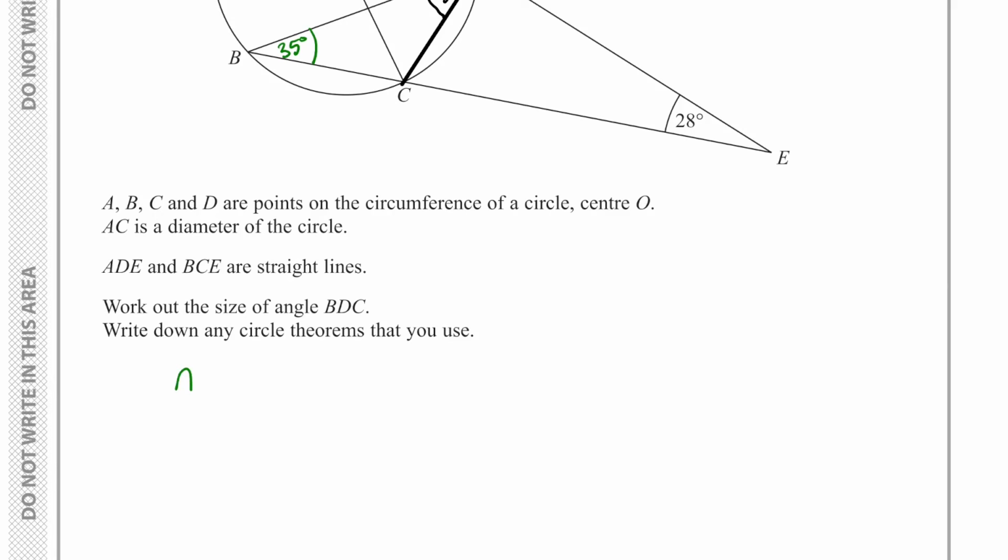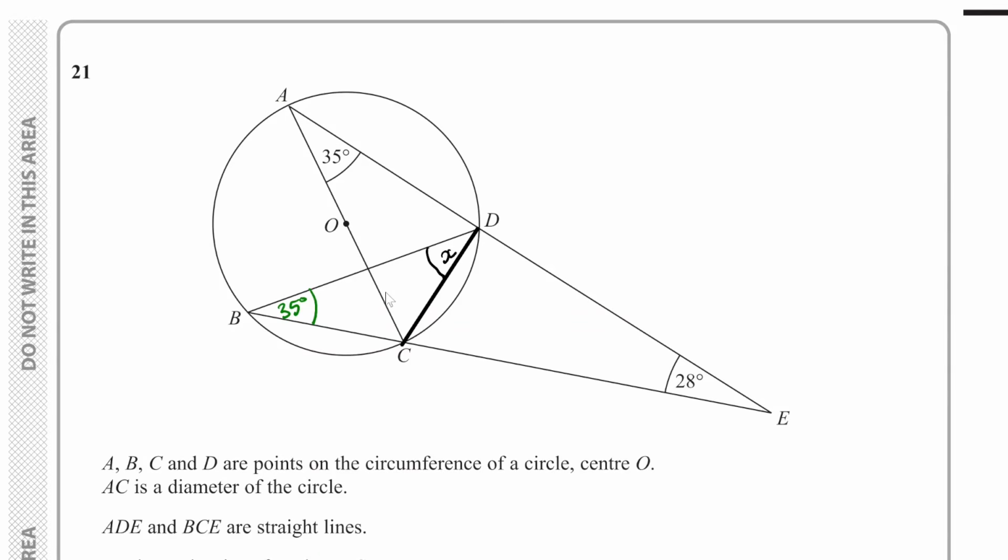So I'm going to write down the circle theorem I'm using. Angles in the same segment are equal. I've got a diameter here. So A to C is the diameter. Any angle in a semicircle, the angle that comes from the diameter, makes a 90-degree angle.